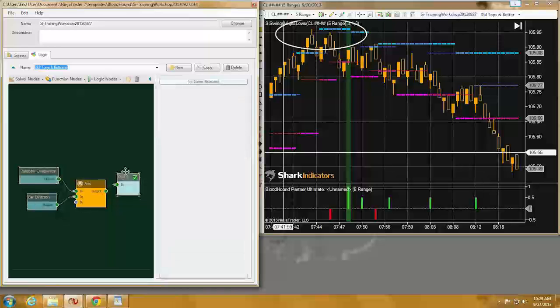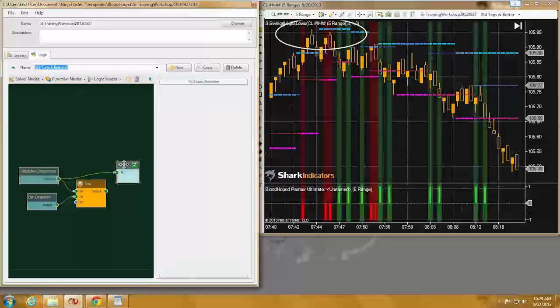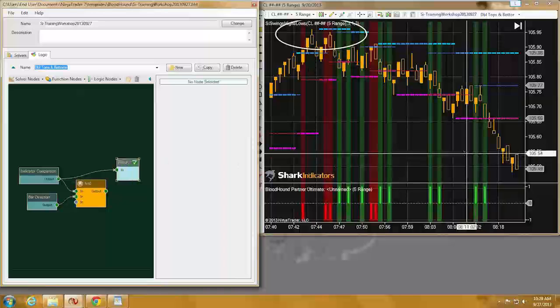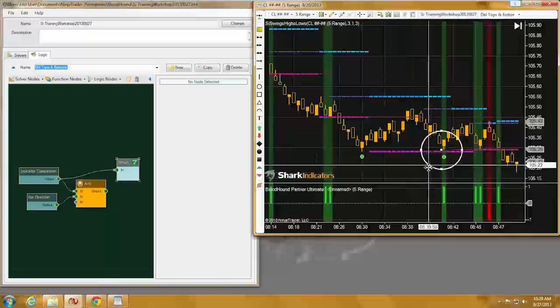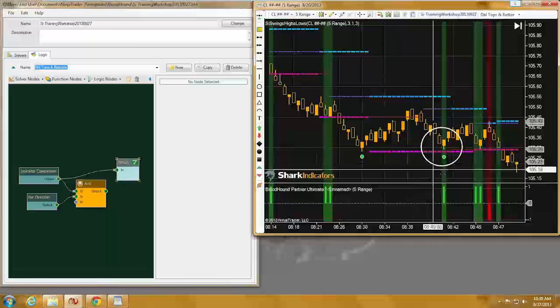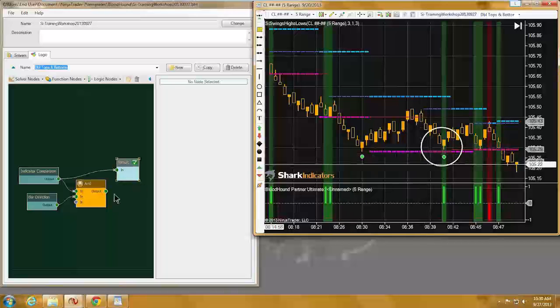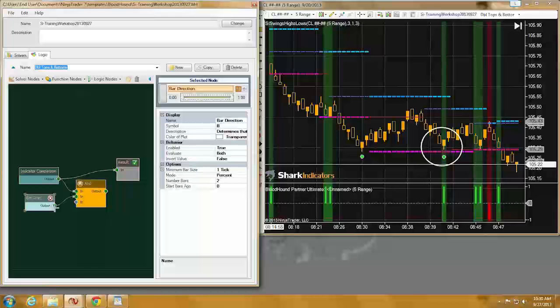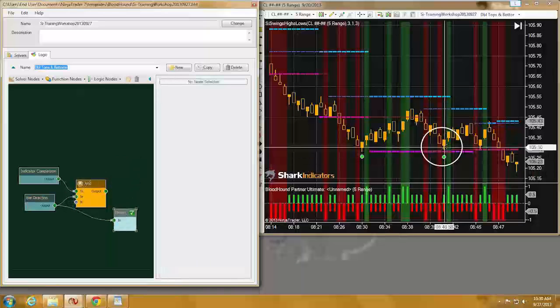So what's happening here? Let's take a look at why that killed all the signals. Let's take a look at the original solver that's generating the signals. For example, if we're looking at this area here, we have one signal on this one bar here. Now if we look at the bar direction solver, you can see there's no signal on that bar where price was close to the plot line.